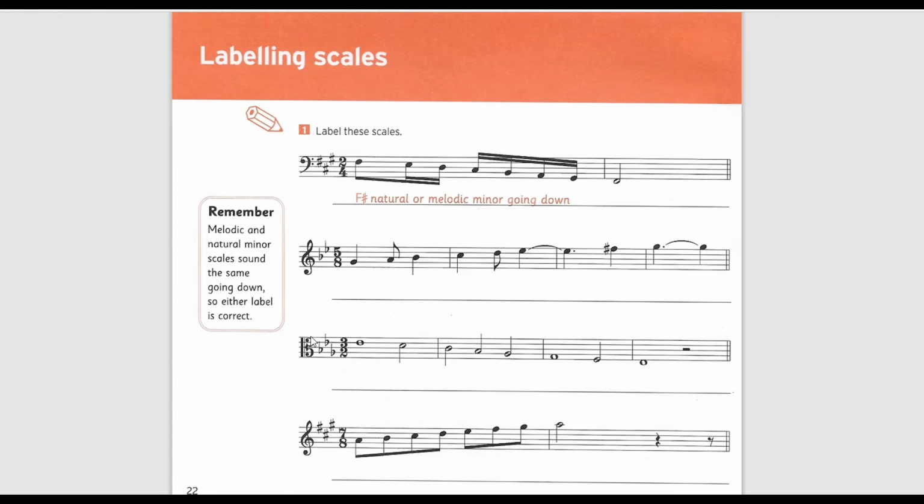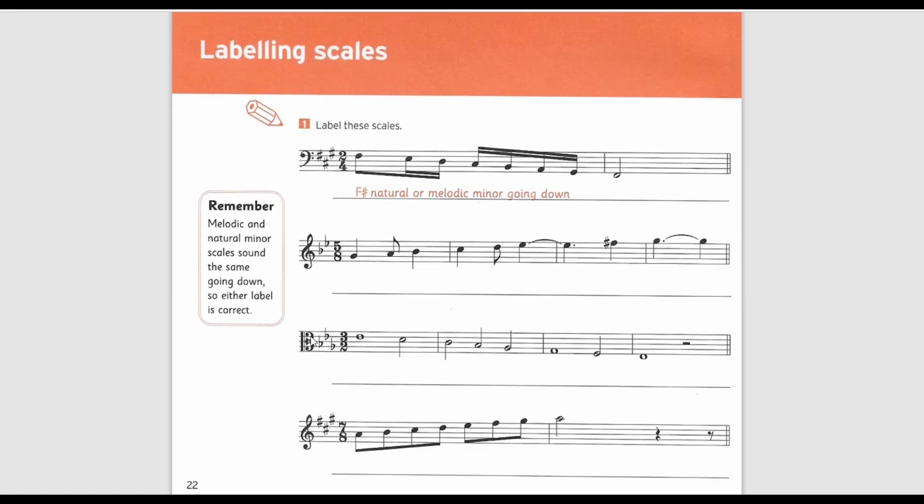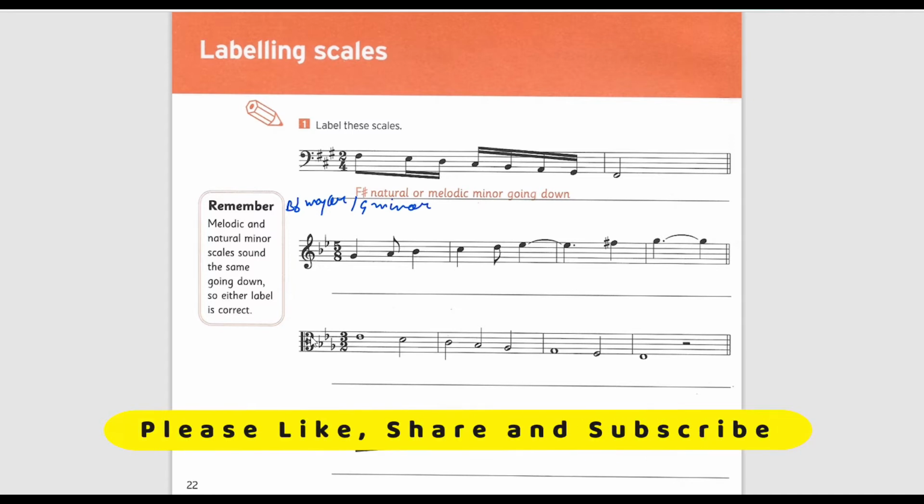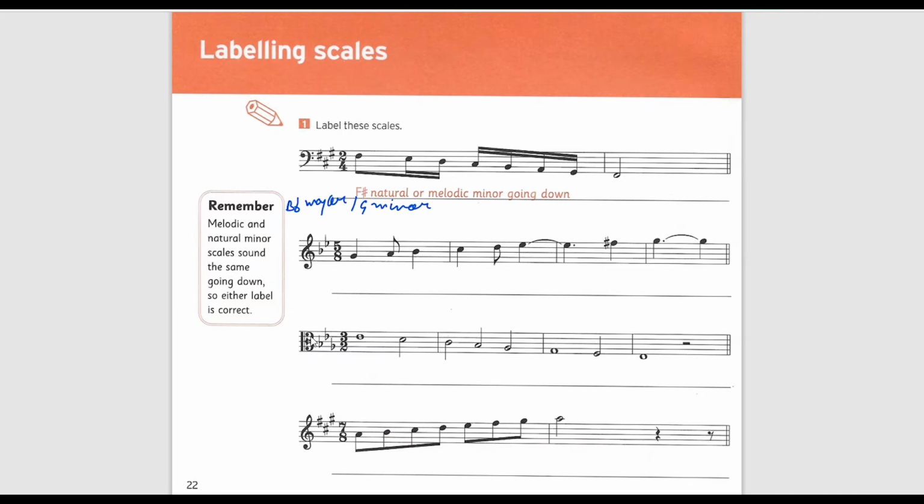Let's write it down: either it could be B flat major, or it could be G minor. Now let's find out where it starts.